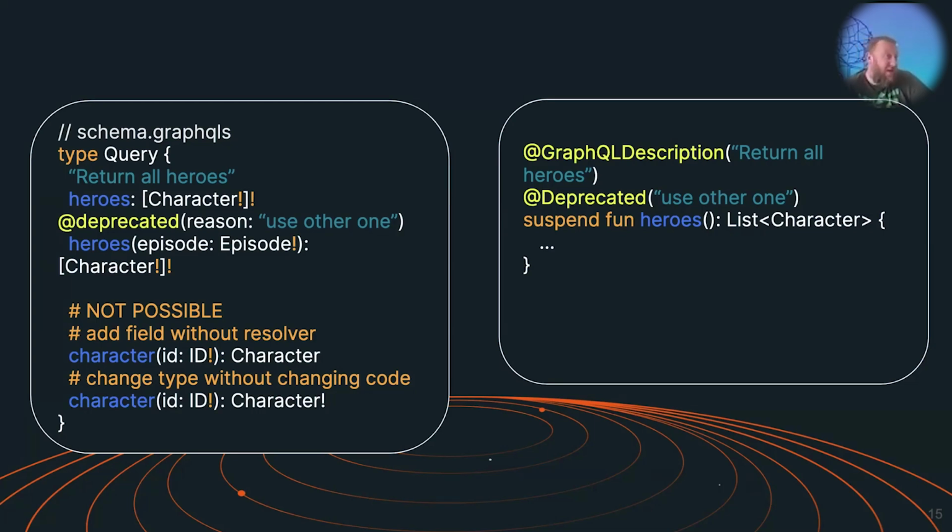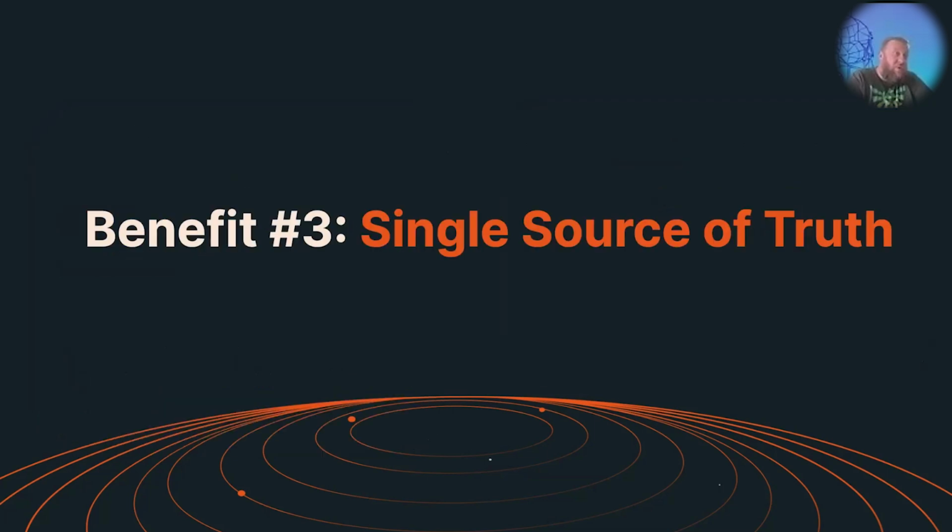I need to define it in the code in order for it to actually be present in the schema. It's not possible to update your schema and just deploy it without a corresponding resolver, which is a possibility otherwise. So this brings me to the point that doing an idiomatic code first gives you a single source of truth, right? The code is your single source of truth. Whatever you write in the code, that's how it's going to behave. There's no magic there, right? Well, you may have some bugs, but if it's working correctly, that's the behavior that you would expect.